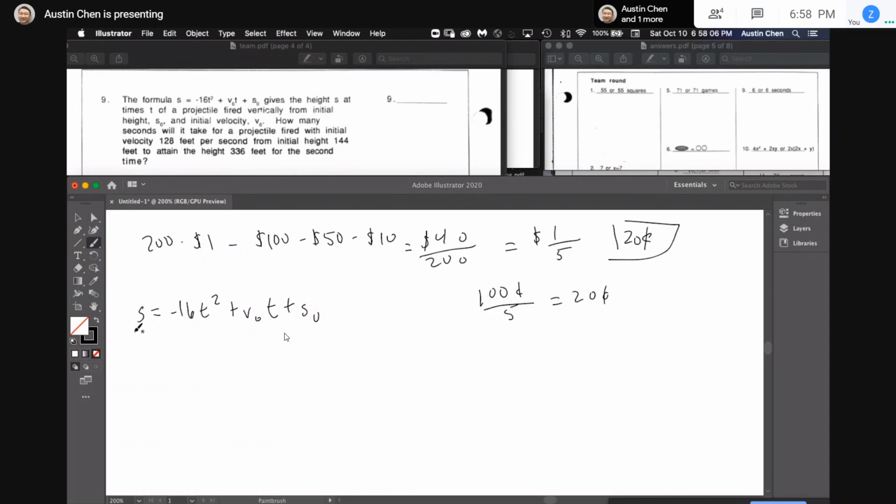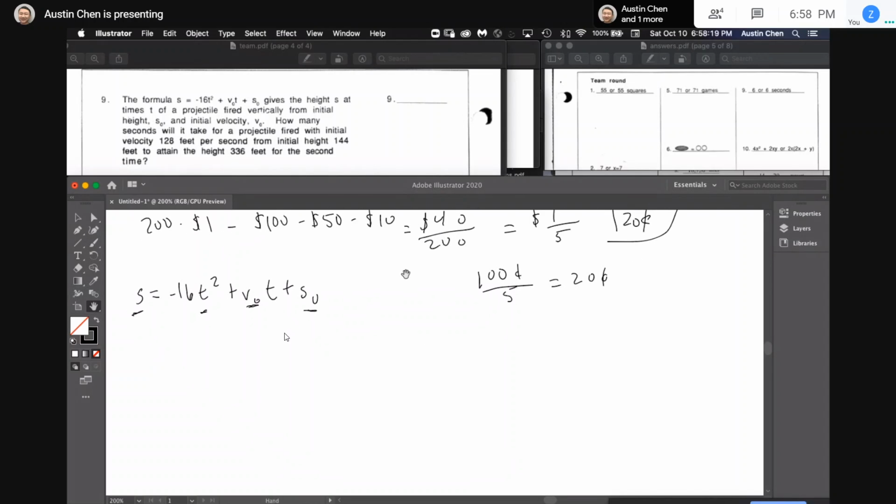This is going to be the height of the projectile, this is going to be the time, this is going to be the initial velocity, and this is going to be the initial height. Now, the problem gives us initial velocity 128 feet per second. Initial height s0 is going to be 144 feet.